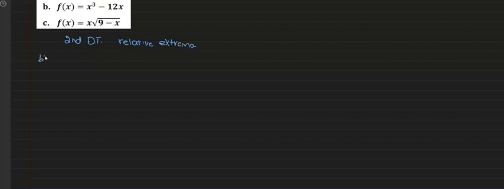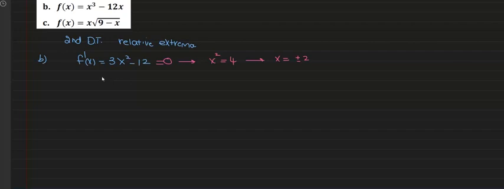For part B, let's get the f dash of x, which is 3x squared minus 12, and then for getting the relative extrema, the critical points, we equate the first derivative with 0 and we solve it. So we will get x squared equals 12 divided by 3, which is 4. So it means that x is positive and negative square root of 4, which is positive and negative 2.